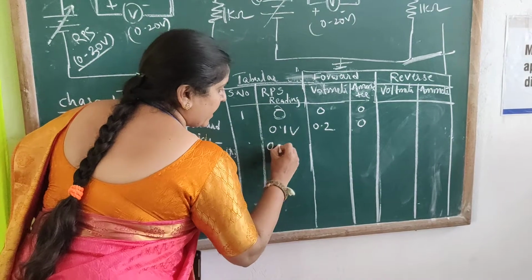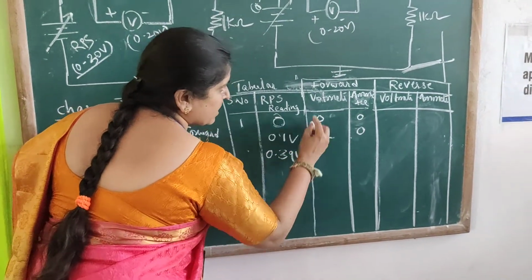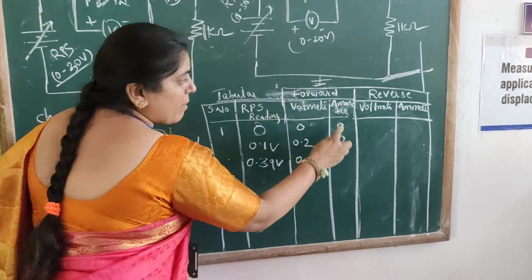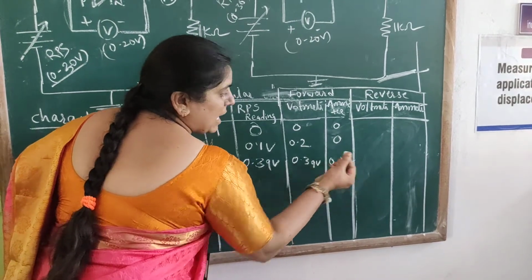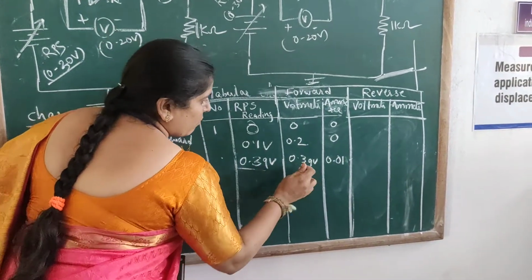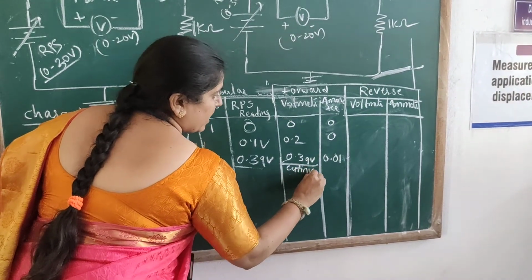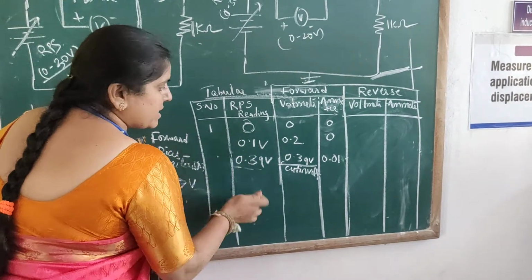When RPS shows 0.39 volts, the voltmeter is 0.39 volts and the ammeter shows 0.01 milliamperes. This voltage is called the cut-in voltage. Next, you can do the procedure like this again.